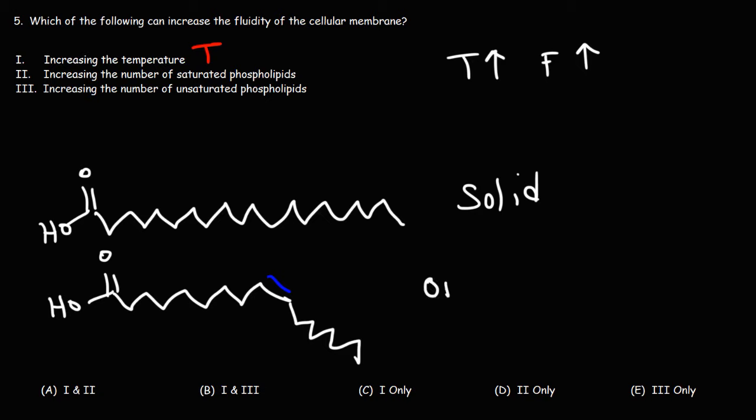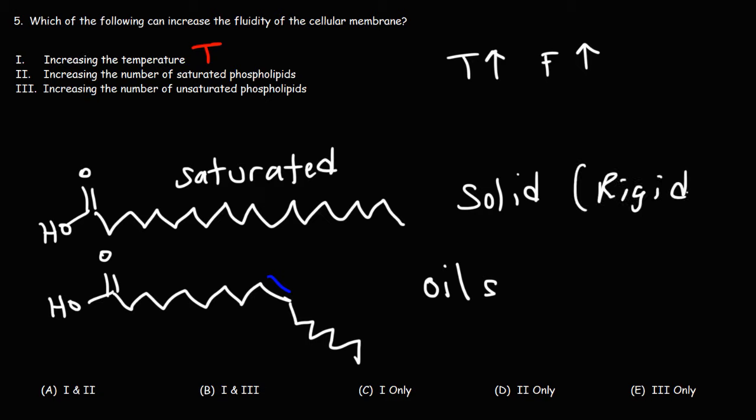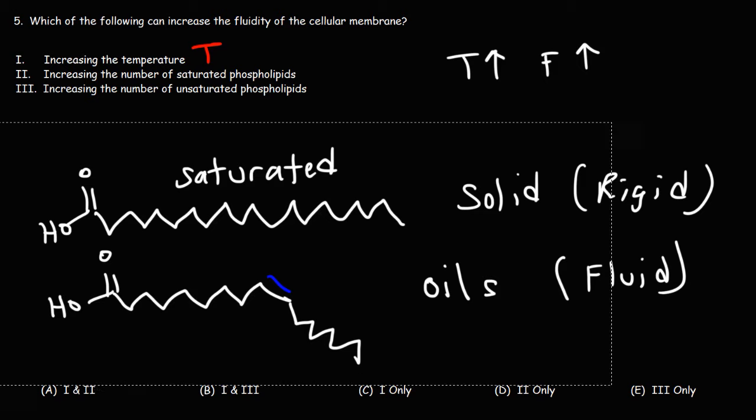So these type of fatty acids tend to be liquid or oils at room temperature. So you need to understand that saturated fatty acids and saturated phospholipids tend to be more rigid, whereas the unsaturated phospholipids will have more fluidity. They're going to be more liquid.